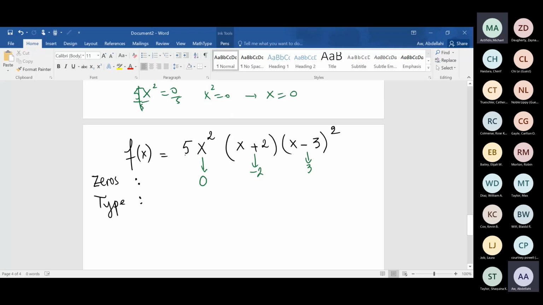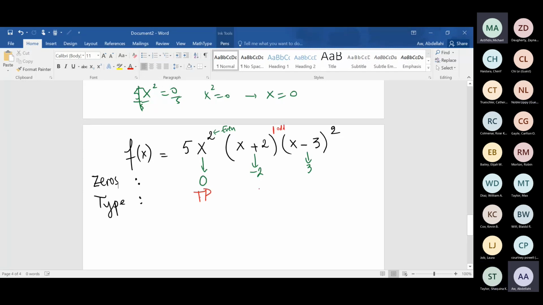Okay, so now look at the multiplicities. Because this is 2, because this is even, right? What type of zero is 0, a CP or a TP? TP. It is a TP, thank you. It's a turning point. Because this is 1, it is odd. What type of zero is -2?